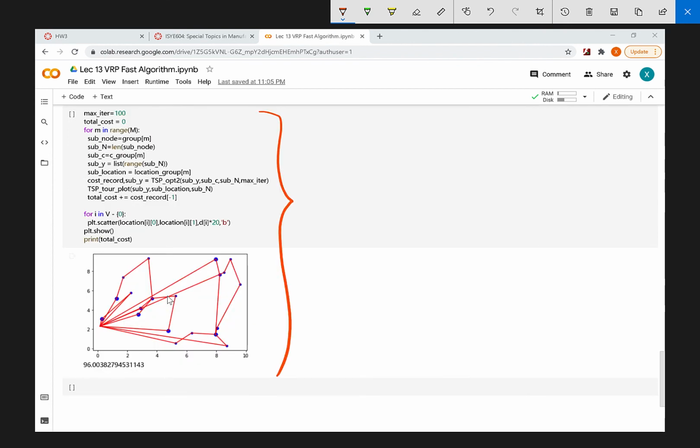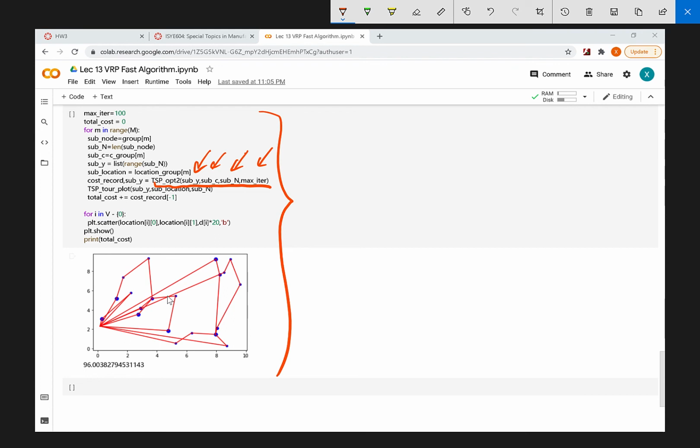Here we use the TSP building block to guarantee that our subgroup is correctly interpreted into the parameters of our TSP problem. Our parameters are the sequence, the cost, the number of total customers within this subgroup, and the max number of iterations for the TSP method.